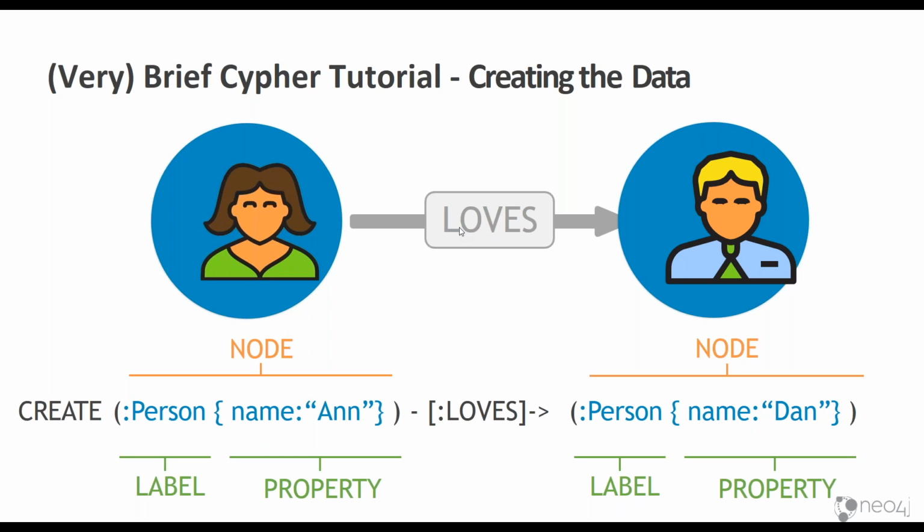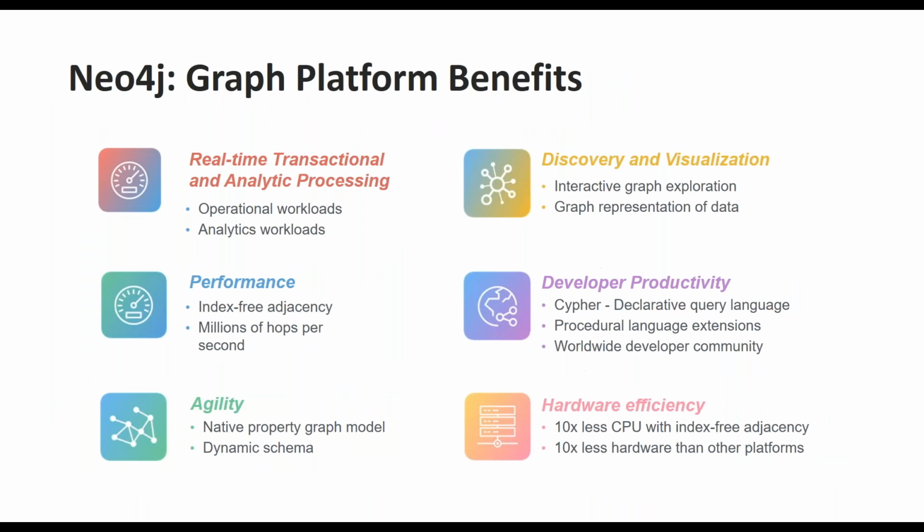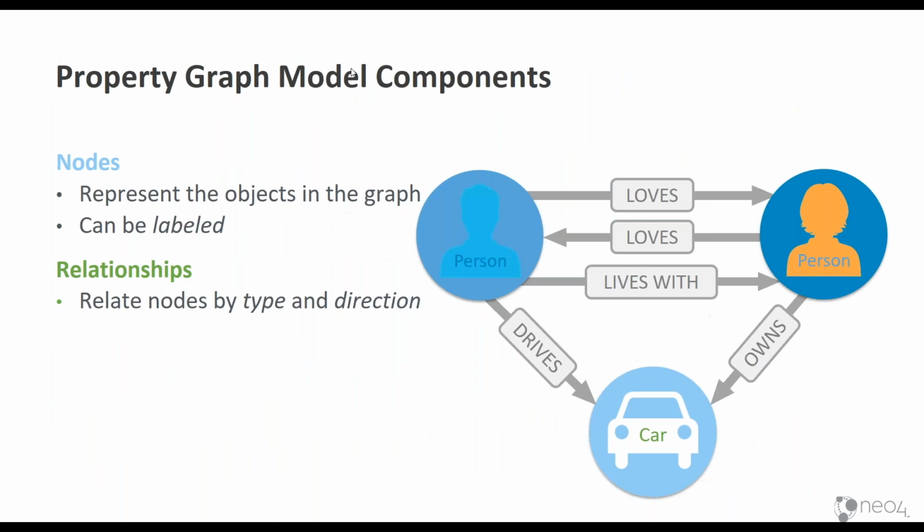And I guess a bit of a follow-up to that, is it possible to have the same relationship in both directions? If you wanted to, you could, and I think we have that at the start. You could have a relationship in both directions, so as we've got here, person loves person, and in the opposite direction, person loves person.